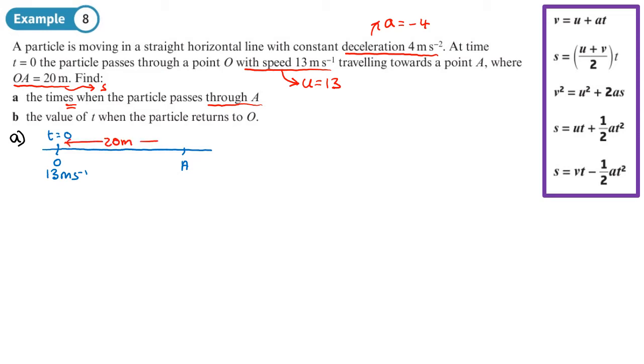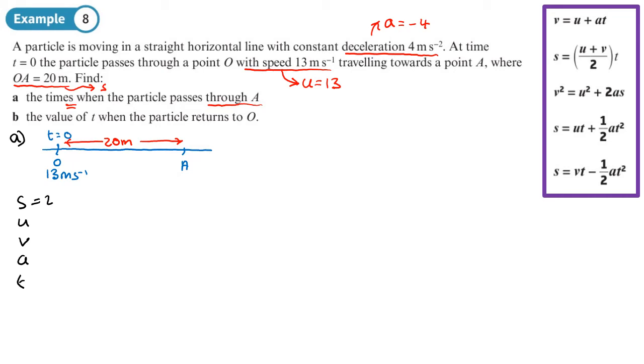Now, because it's decelerating, probably what's going to happen is it's going to slow down until it comes to a point probably beyond A where it stops, comes to 0 velocity, and then it's actually going to change direction. If something continues decelerating, it actually stops and then changes direction. So that's why it says times. So imagine it gets to this point here, somewhere there, stops, and then returns back this way. Okay, so first step is SUVAT.